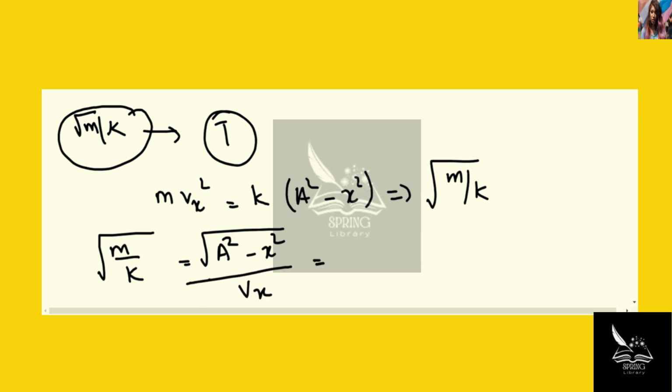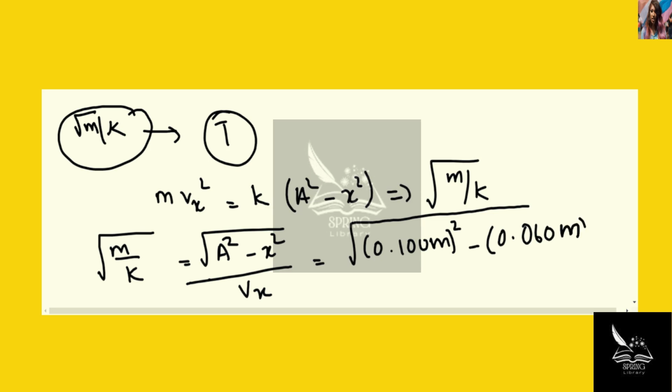So we are putting the values: √((0.100 m)² − (0.060 m)²) upon 0.400 meter per second.